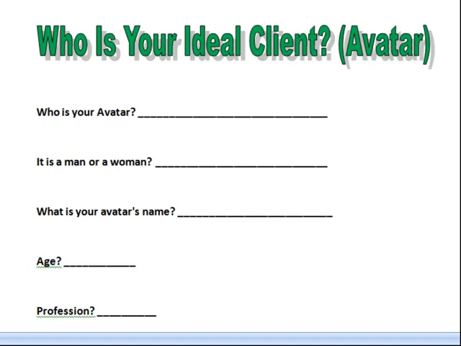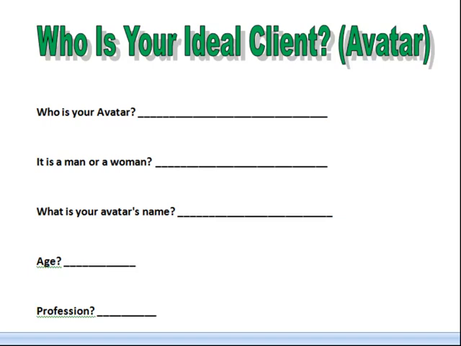A lot of real estate agents like to be all things to all people. They like to sell first-time home buyer homes and luxury homes and all kinds of things, and commercial properties and all sorts of things. Well, your ideal client is not a person who is buying everything.